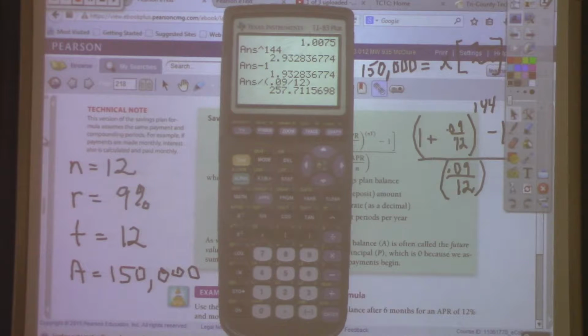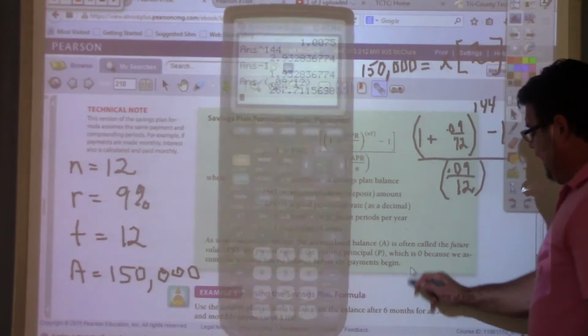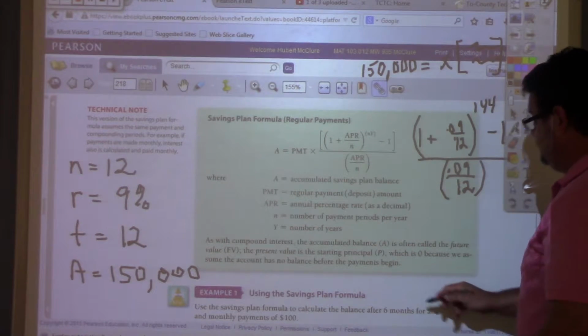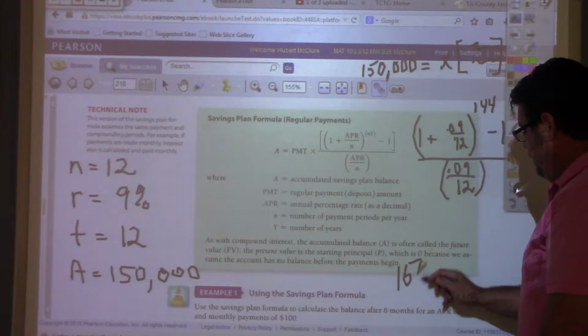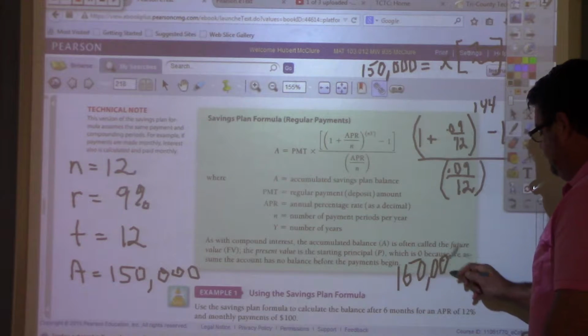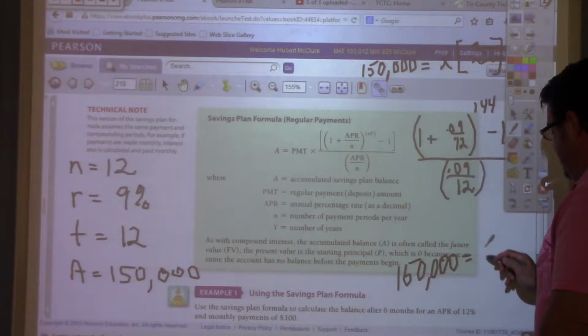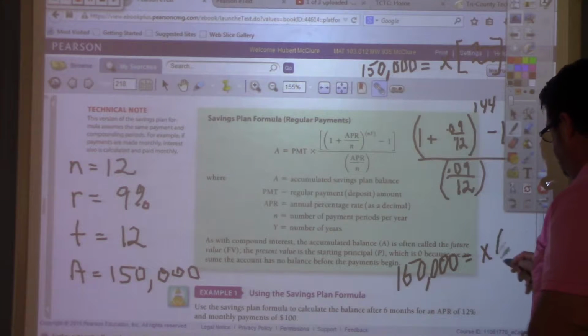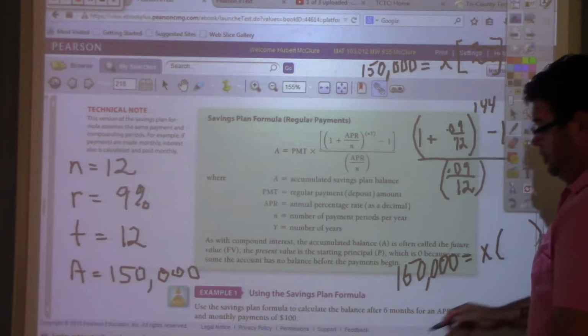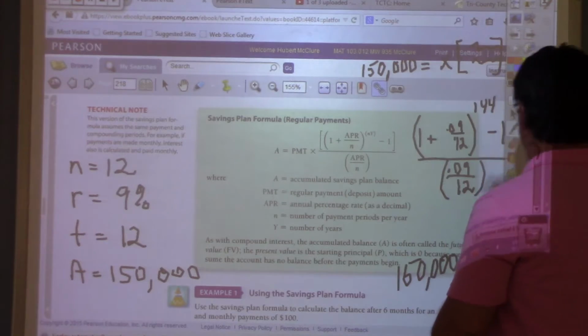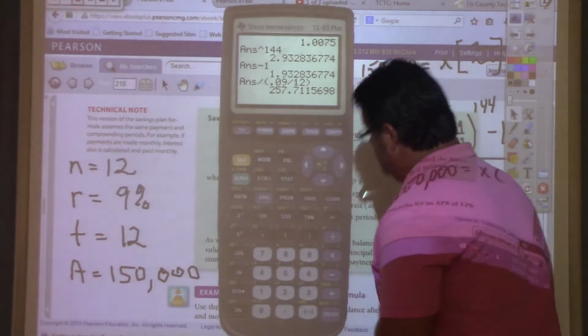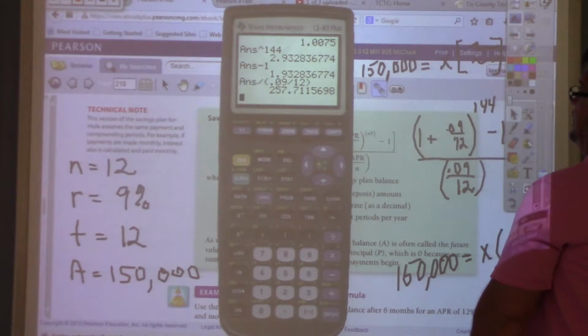I get that number. So 150,000, I hope y'all wrote it down. 150,000 is equal to X times 257.7.